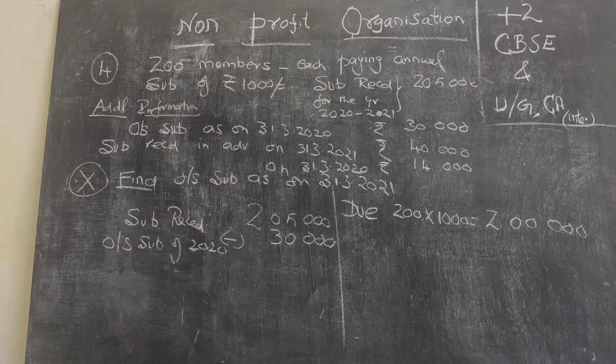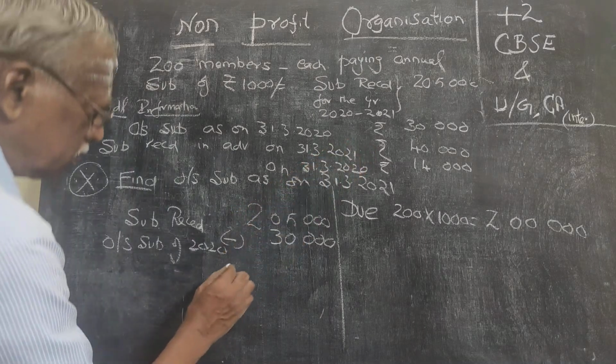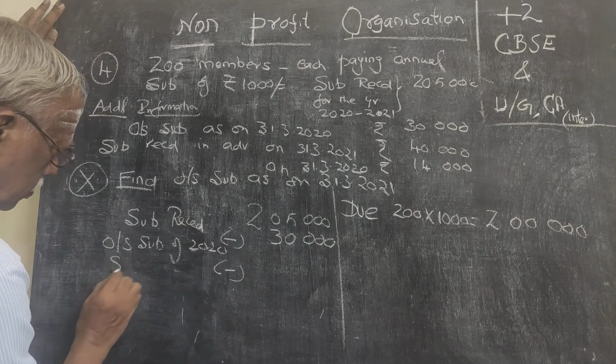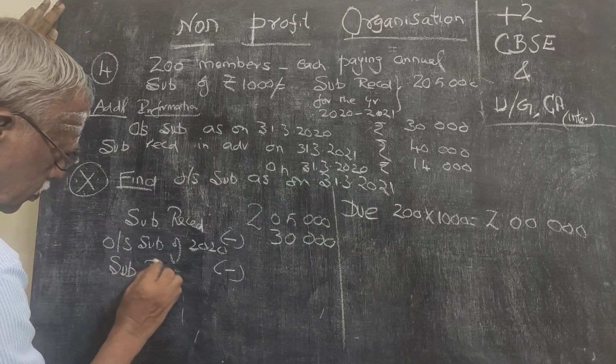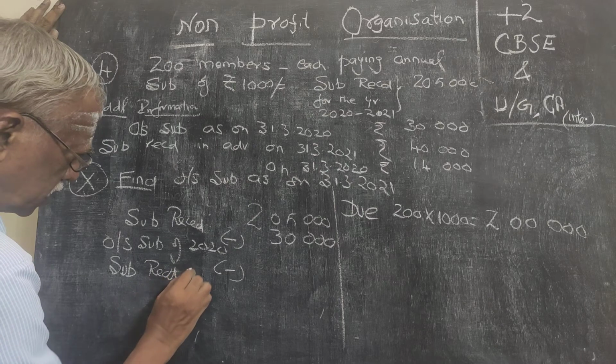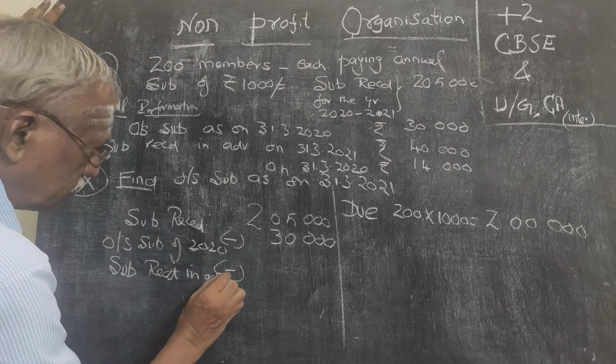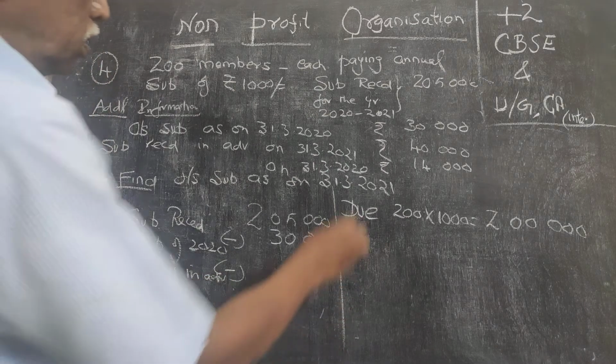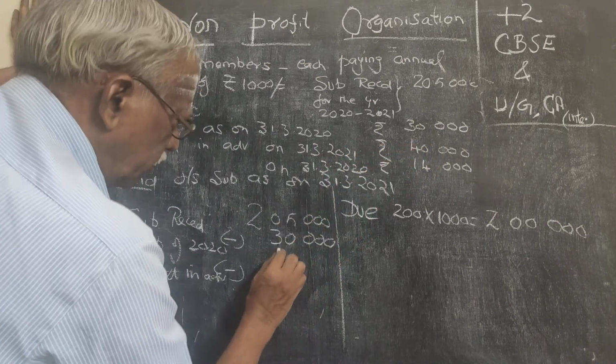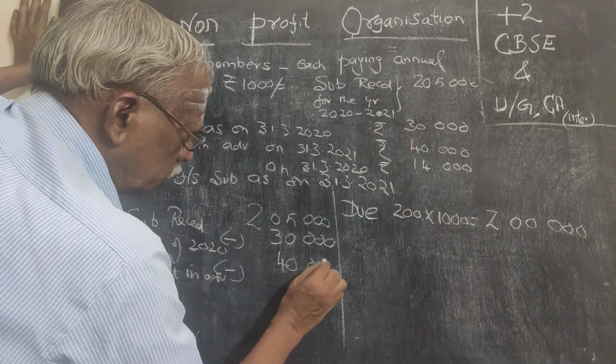Subscription received in advance on 31st March 2021 was received in advance for the year 2021. That 40,000 also should not come here.